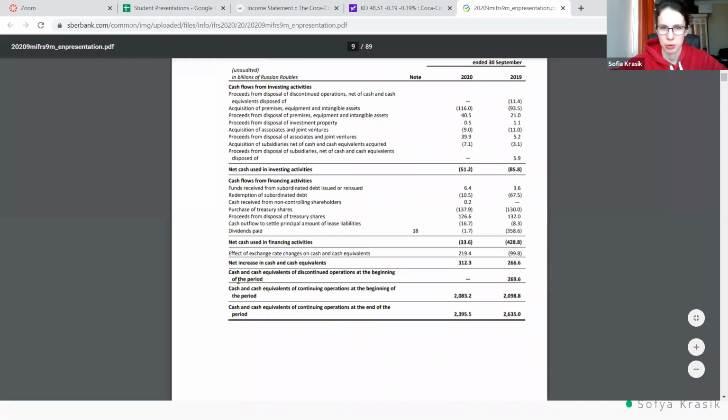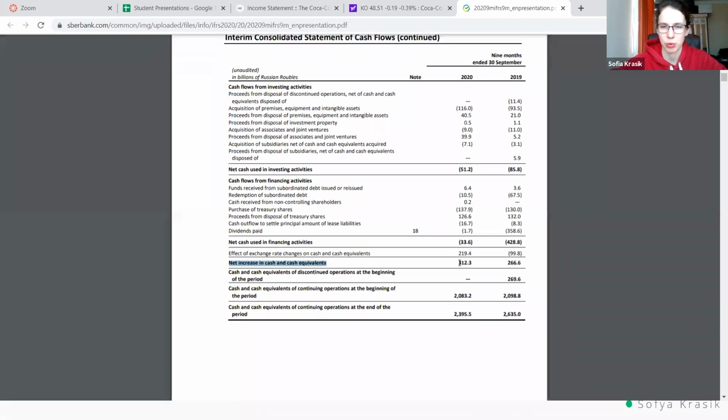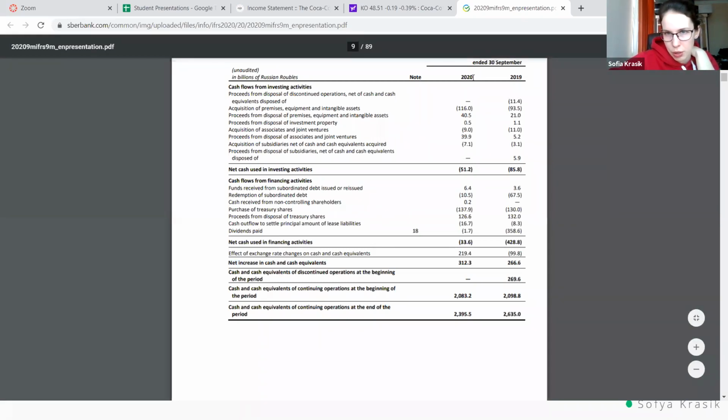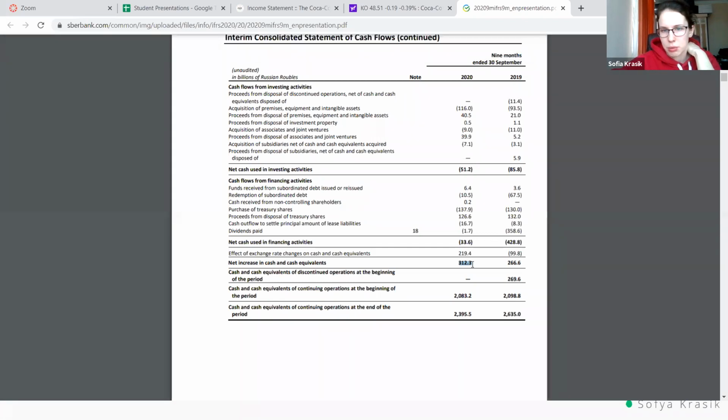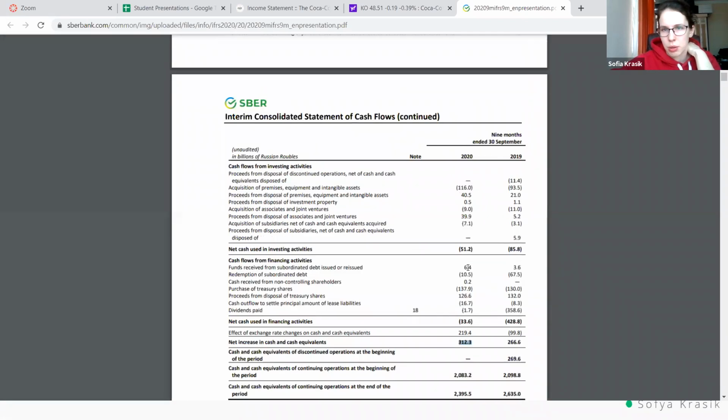But now let's look at this part. You see that the net increase in cash and cash equivalents is effectively the net cash flow that was received by the company. So for 2020, it was 312 billion rubles, I guess, or million rubles.